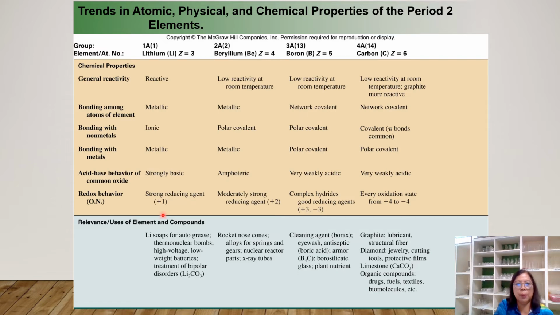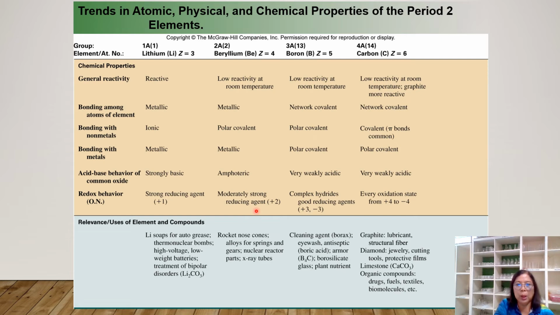Redox behavior. In terms of lithium, holding the +1 oxidation state or oxidation number, it is a strong reducing agent. And then for beryllium, holding the +2 oxidation number, they are moderately strong reducing agents.